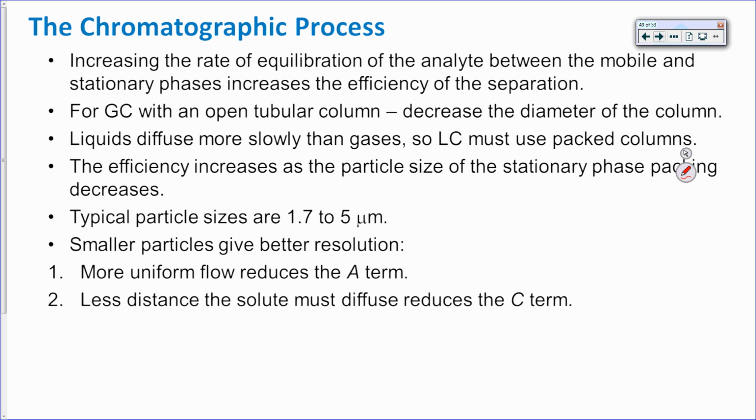So one of the problems is coming up with the balance of how we get the best separation versus the best time. We can do that by making our particles smaller. So typically in LC, we're going to get particle sizes down to less than 5 microns.